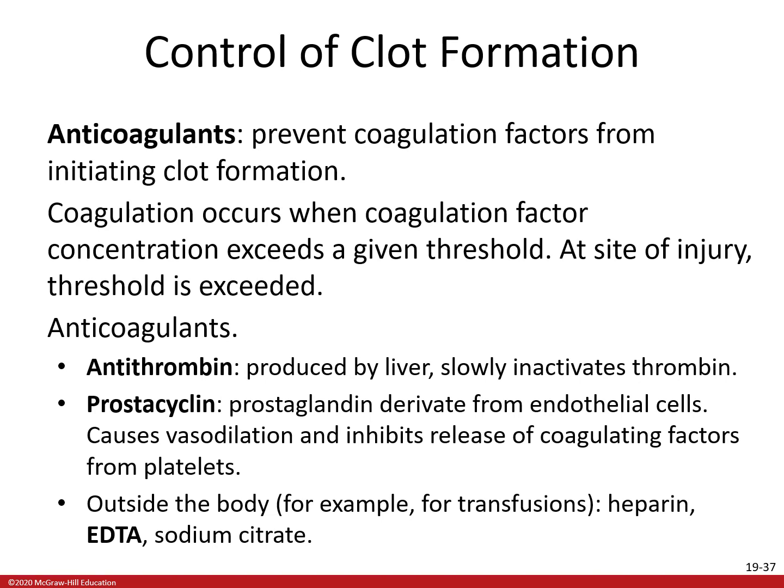So again, remember, dilation is going to open up those vessels and increase blood flow, as well as inhibit the release of coagulating factors from platelets. And then from outside the body, for example, if you were giving someone some type of transfusion, so like a blood transfusion, heparin, EDTA, and sodium citrate are going to be examples of anticoagulants that may be administered to patients.